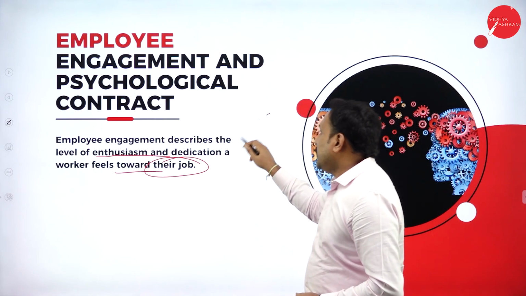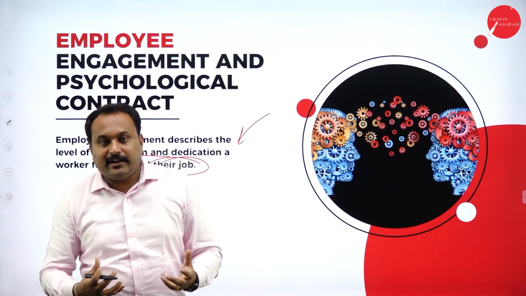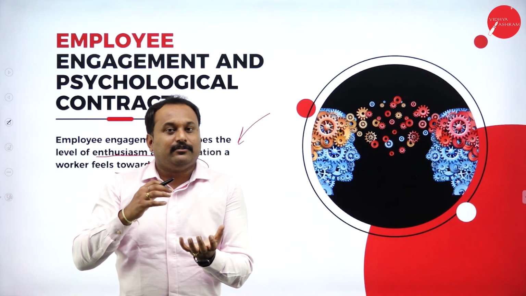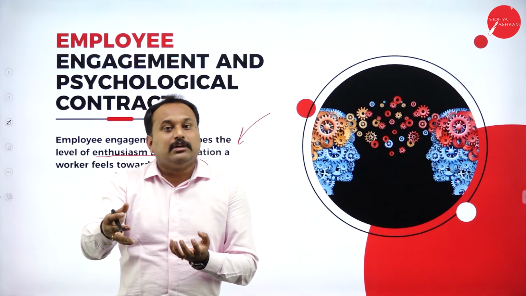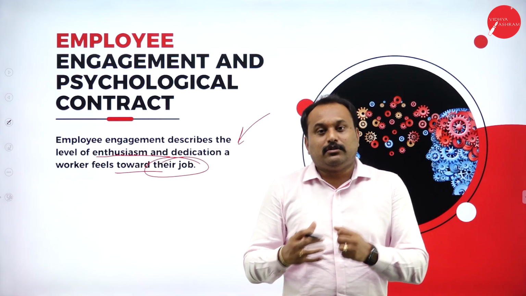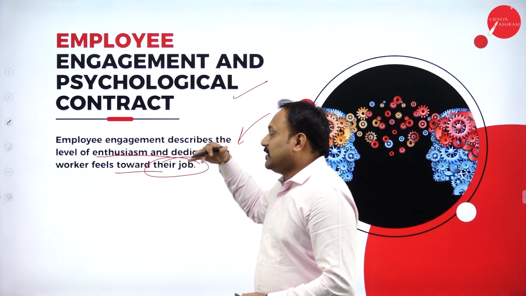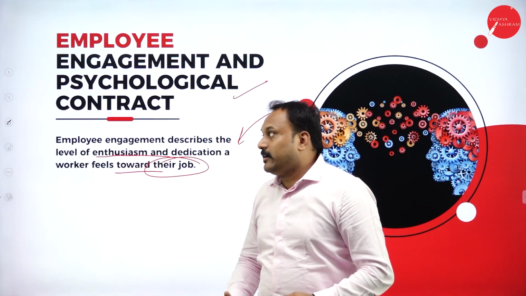You will understand how loyal they are, how enthusiastic they are. They really want to do work, or they feel that they shouldn't do the work. They pretend as if they are doing it, or they really want to go for it, right? So that is where you will understand about these psychological factors as well as the contract.